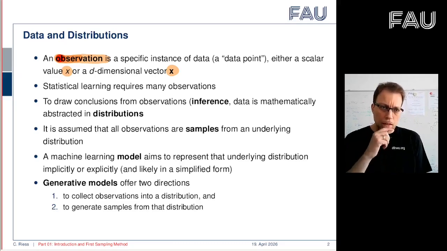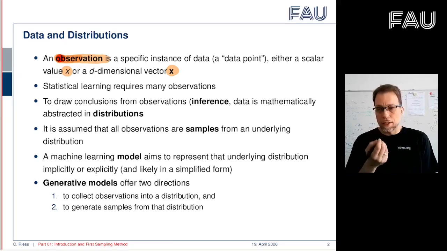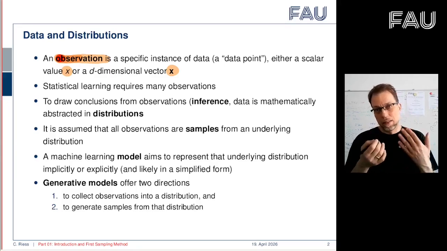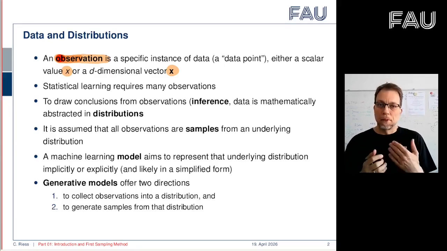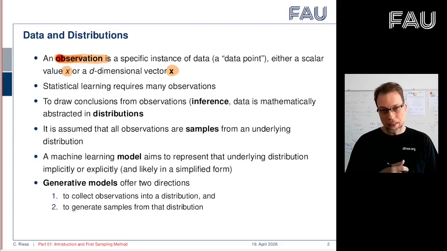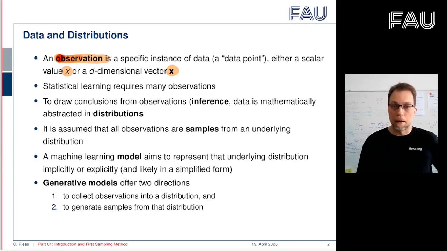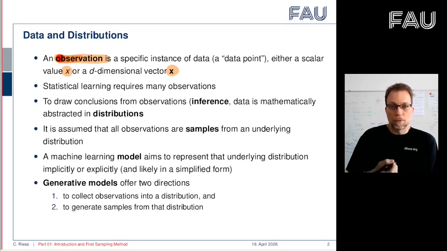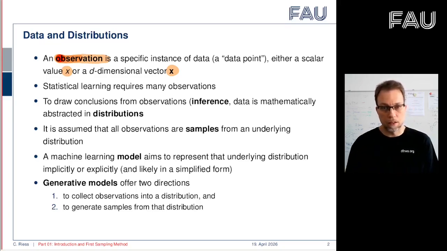Now, if we say we're interested in statistical learning, the whole point about this empirical type of machine learning that we are doing here in pattern recognition, pattern analysis, then we require many observations. And in order to draw some conclusions from these observations, which is called inference, the data has to be mathematically abstracted to distributions.